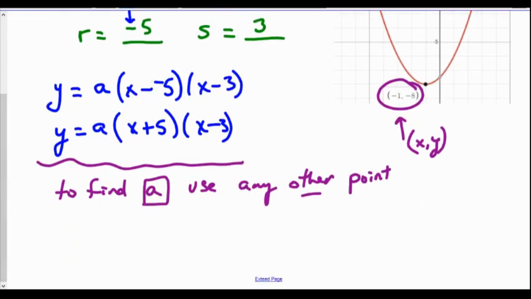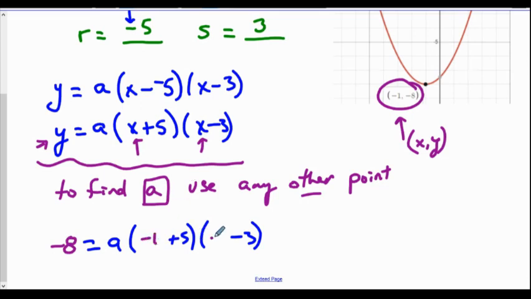So I'm going to rewrite my equation. Where it said y, I'm going to put in -8, and where it said x, which is those two, I'm going to put in -1.